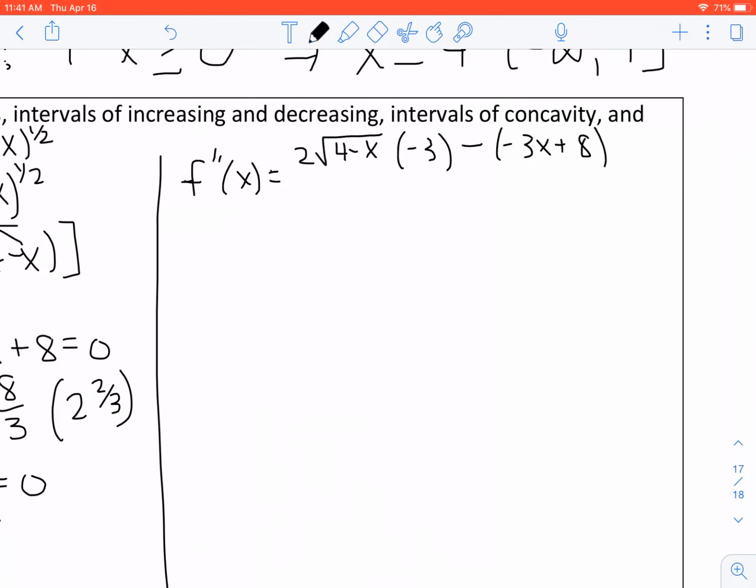because we are using the quotient rule, times the derivative of our second function, which is going to be 2 times 1/2, and then 4 minus x to the negative 1/2, and then times negative 1.